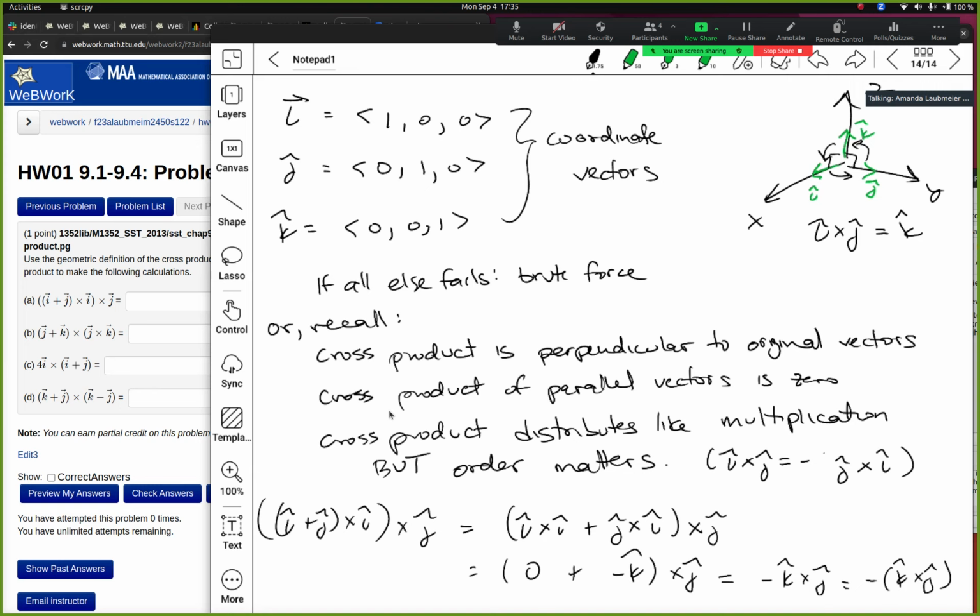The positive direction would be following the coordinate axes, so this is going to give me the minus i hat, and then those two minuses are going to cancel out to become a plus.